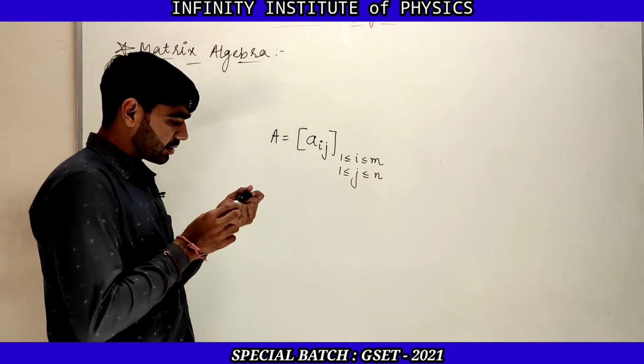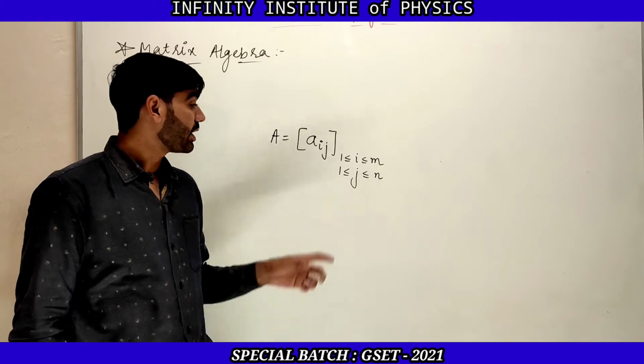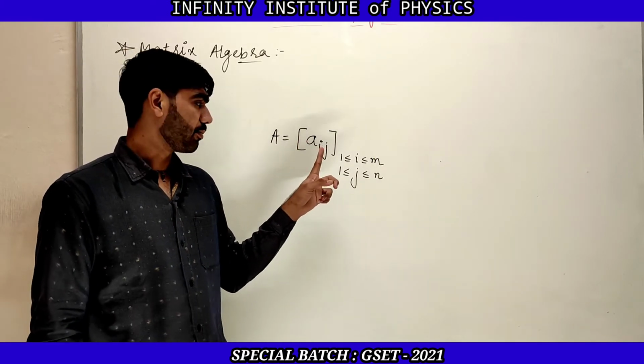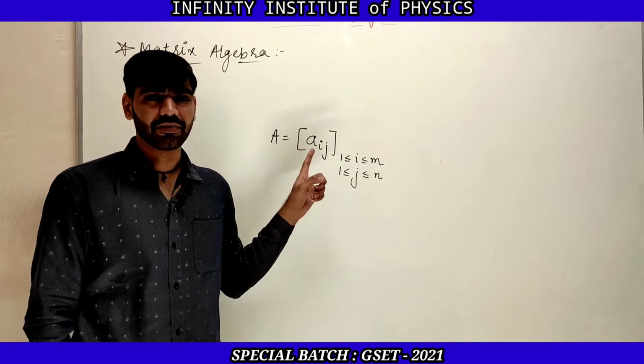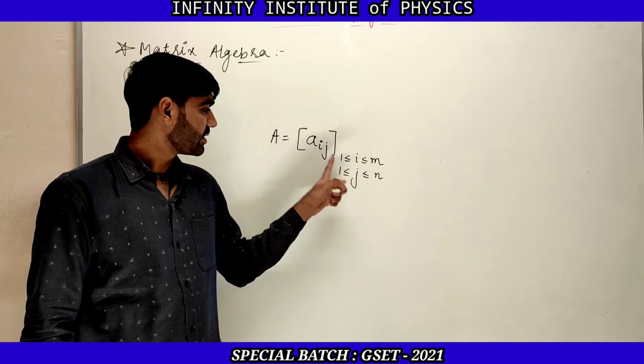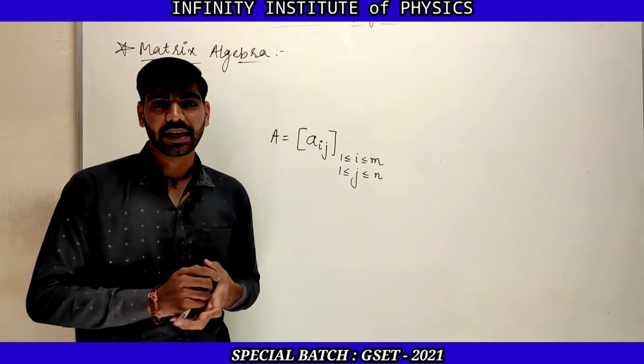So a matrix with m rows and n columns can be denoted by A equal to Aij, where i denotes the row in which this element is lying, and j denotes the column in which this element is lying.